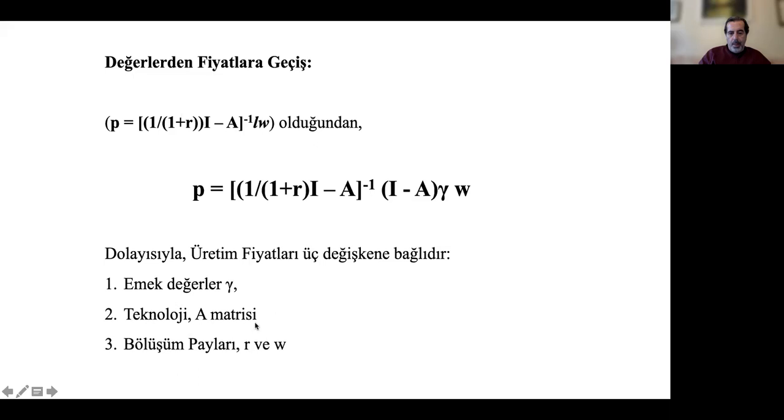So technology is important, labor values are important, and distributive shares are important. Here we can say that we have finally come up with an expression which is capable of distinguishing between the role of distributive shares and the values within the process of price determination, so that we can distinguish between prices and values.